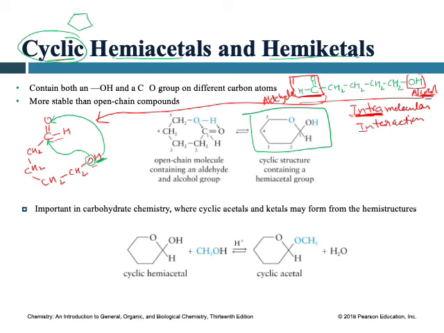Because the time this oxygen attacks this carbon and makes a bond, you are going to make a cyclic compound, right? In which how many atoms do you have? You have 1 carbon, 2 carbon, 3 carbon, 4, 5, and then the 6th atom, and the 6th atom will be oxygen. So if you have 6 atoms, out of the 6 atoms you have 5 carbon and 1 oxygen, what's the main cyclic structure you can form?